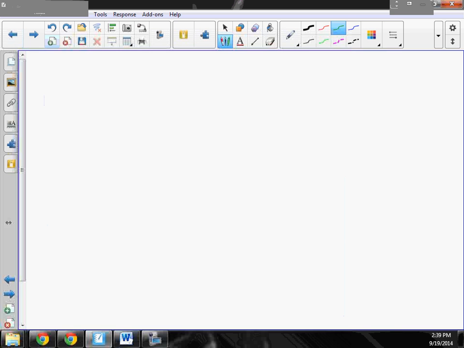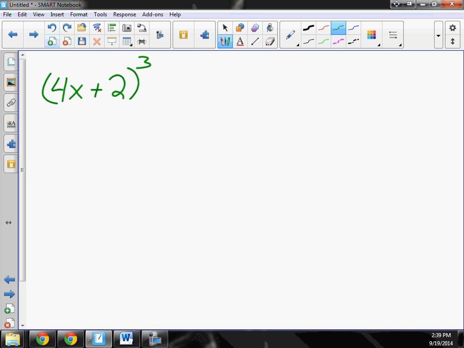So if I had 4x plus 2 to the third, the first one is a cubed. So 4 cubed is 64. 64x to the third. Now the second one, I need a squared, and I need to times that by b.